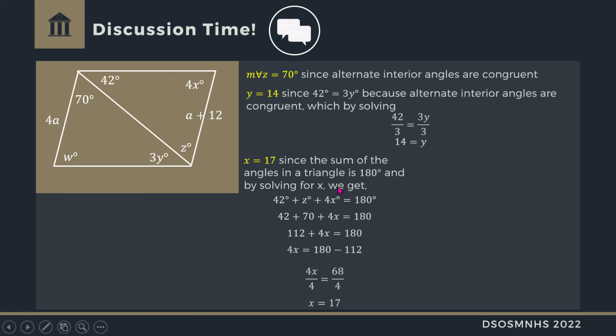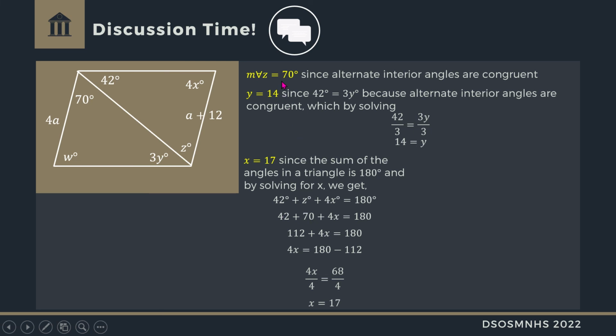And by solving for x, gi-add ang 42 degrees plus z degrees plus 4x degrees is equal to 180. The interior angles of a triangle is equal to 180. So, 42 plus z plus 4x equals 180. 42 plus 70.